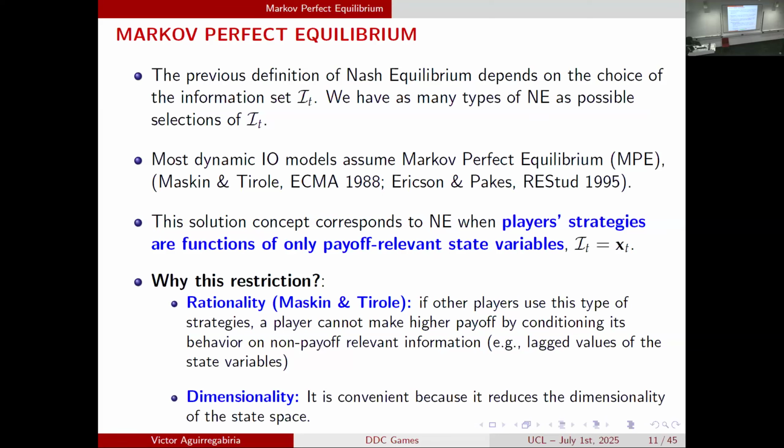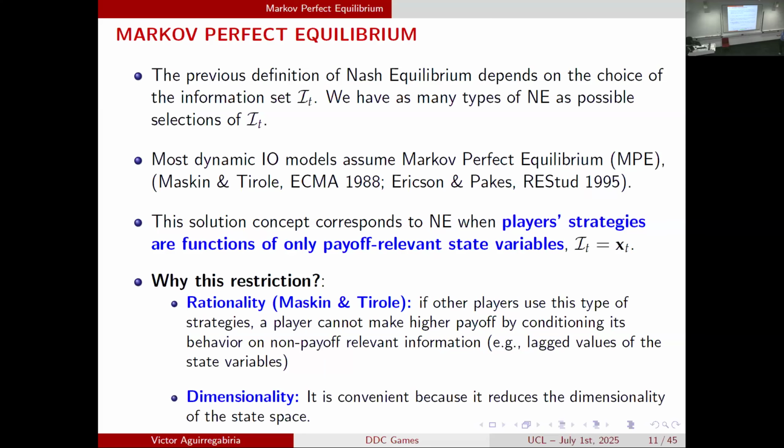Though Markov perfect equilibrium can generate equilibrium that can resemble a type of coordination, or if you want collusion, it's going to be easier to generate collusion in games where there are these types of non-payoff relevant state variables that you can condition on, okay?